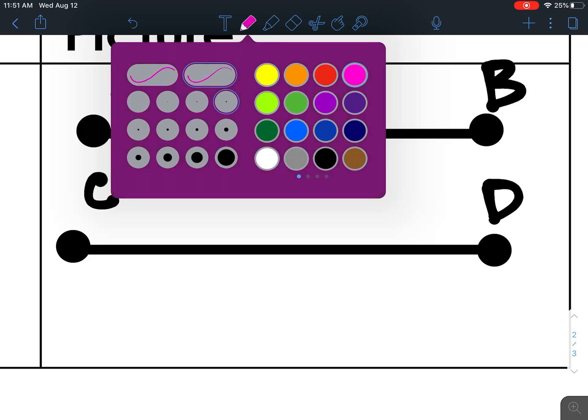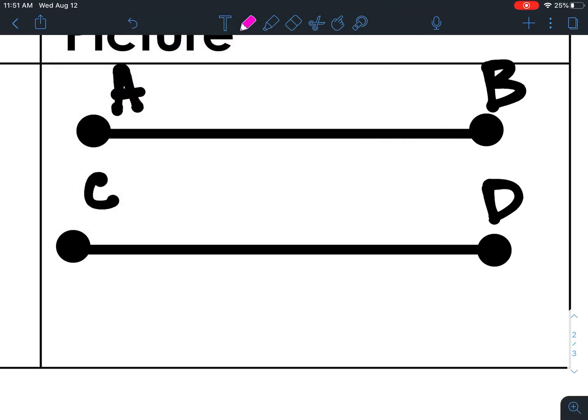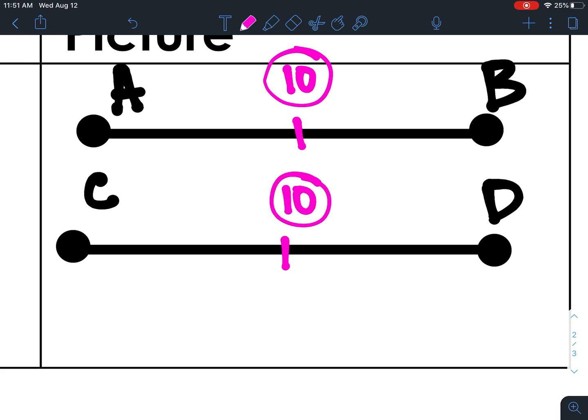To show that segments are congruent, you can make these little tick marks on the segment, and those tick marks are going to say that these two segments are congruent, which means that they have the exact same length. Which means that if AB has a length of 10, that means that CD also has to have a length of 10. If AB has a length of 15, then CD also has to have a length of 15.